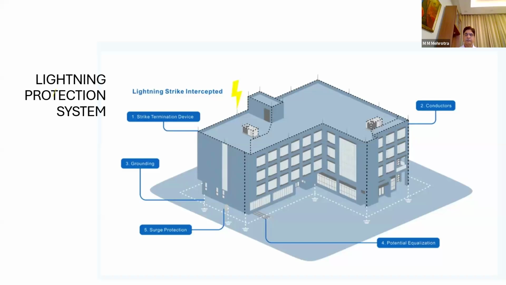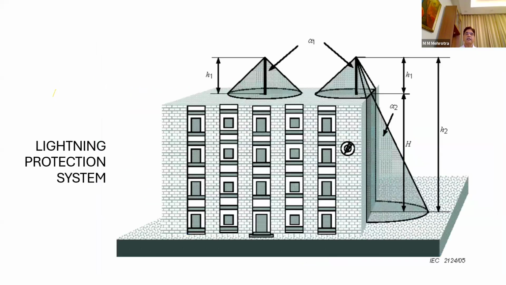There is one more aspect, which is called the cone of protection. The highest point in the building is this. There is an imaginary cone which provides protection in that area. Now there is a finial close to the boundary of the building, so this cone is coming up to here.